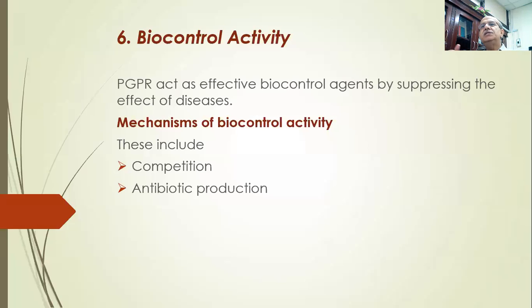Another mechanism is antibiotic production. The PGPR produce certain antibiotics which suppress the pathogens, certain pathogenic bacteria, by producing antibiotics. Then there is degradation of the fungal cell wall.